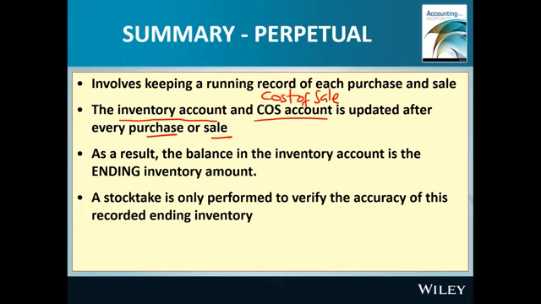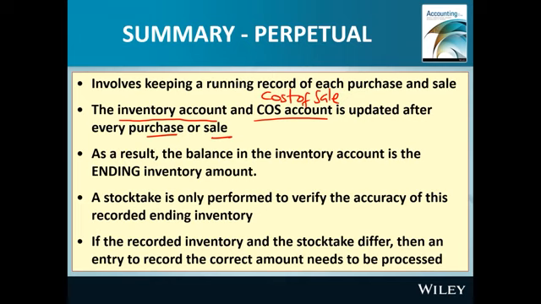A stock take or stock count is only performed to verify the accuracy of these recorded ending inventories. You still do the physical check to see whether there are missing items or any discrepancies between your record and the physical amounts. If the recorded inventory and the stock take differ, then an entry to record the correct amount needs to be processed.